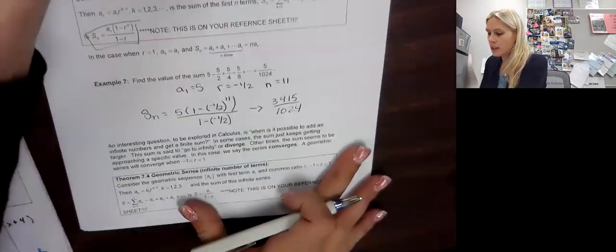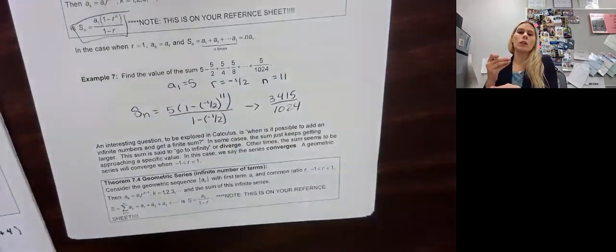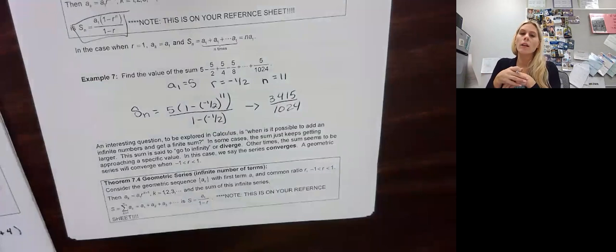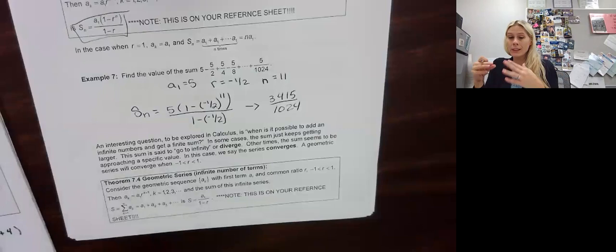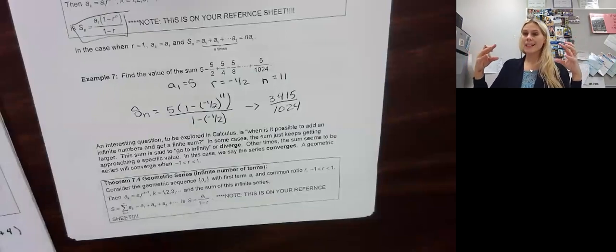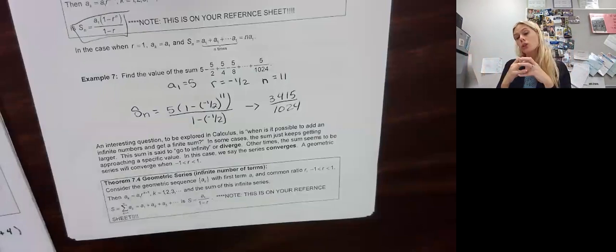An interesting question to explore in calculus is when is it possible to add up infinite numbers? Because finite, we got it, but infinite, there might be certain cases where it keeps getting closer and closer and closer to a value. That's what we call a limit in calculus.